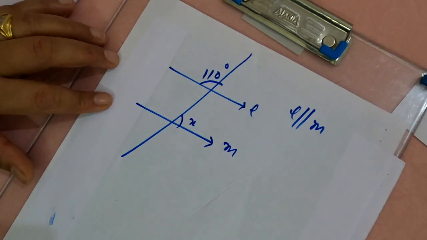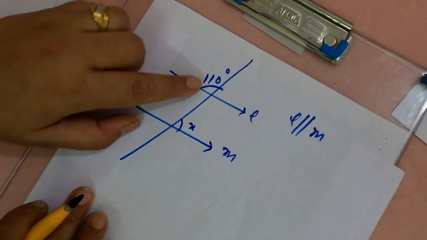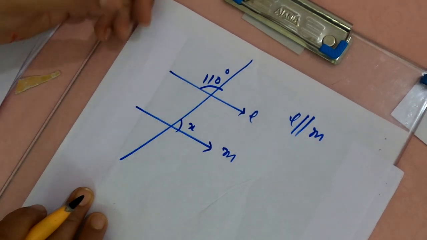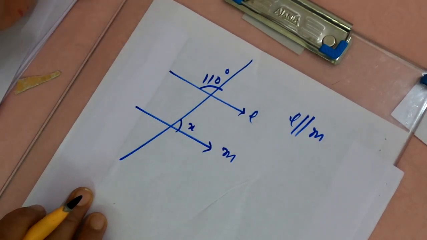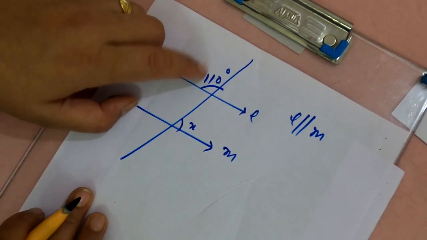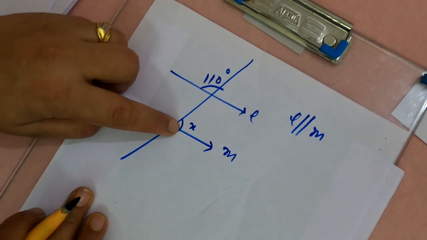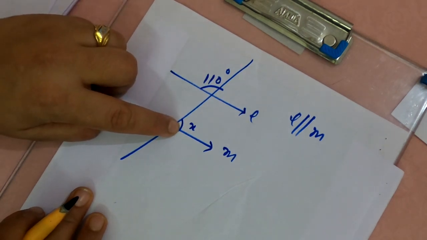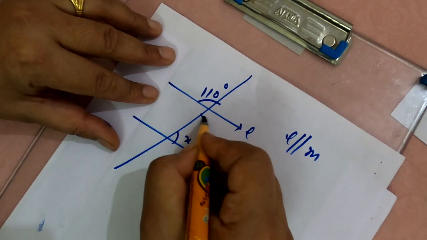And you know about vertically opposite angles, alternate angles, linear pair, corresponding angles and co-interior angles. But I think 110 is not connected to X directly. So we will have to do something. Let us name this angle as A.